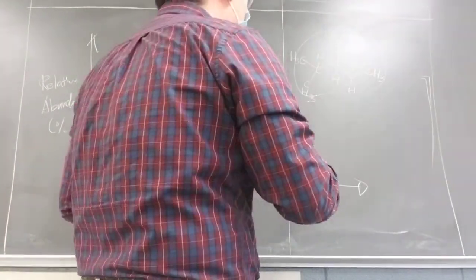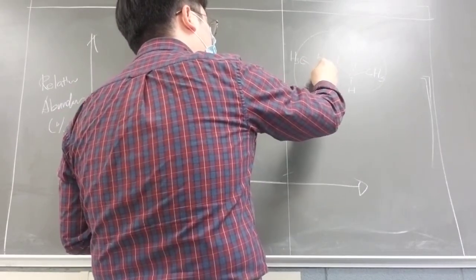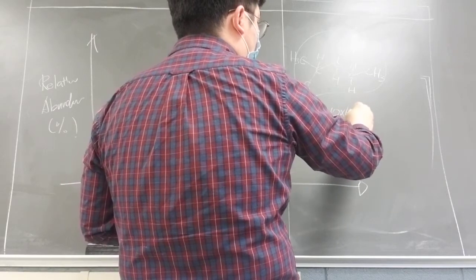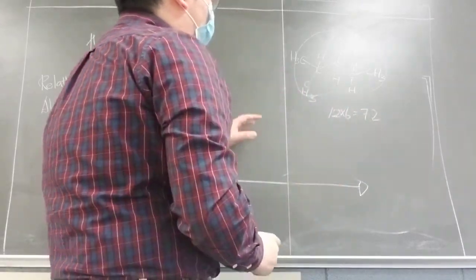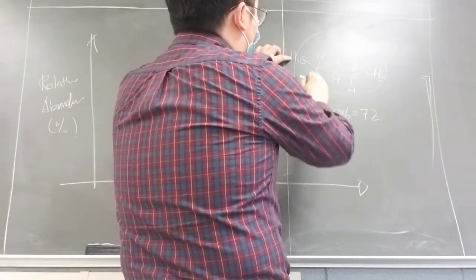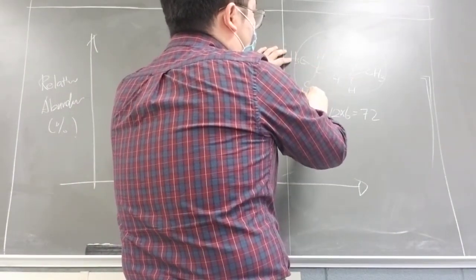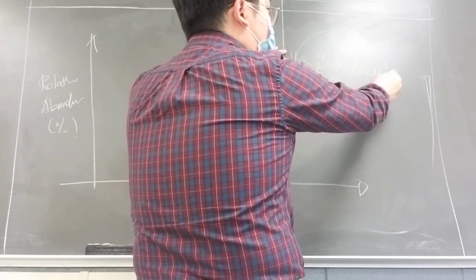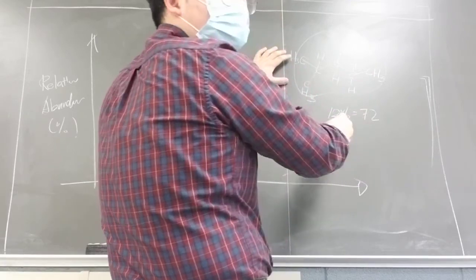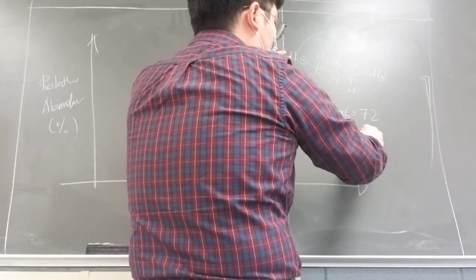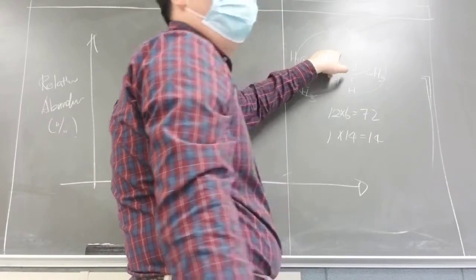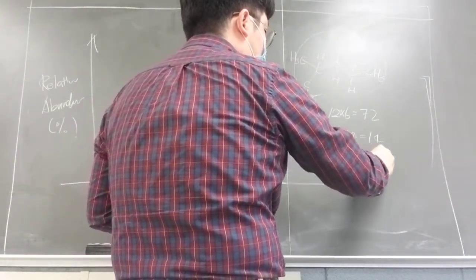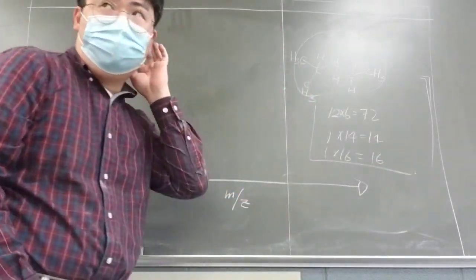Okay, so you can try to count the carbons. It's 1, 2, 3, 4, 5, 6. So that's 12, right? 12 times 6, 72. You can try to count the hydrogens here. So 1, 2, 3, 4, 5, 6, 7, 8, 9, 10, 11, 14. Right? 14. Okay. And you have one oxygen over here. Because it's 16. It's 16. Okay.